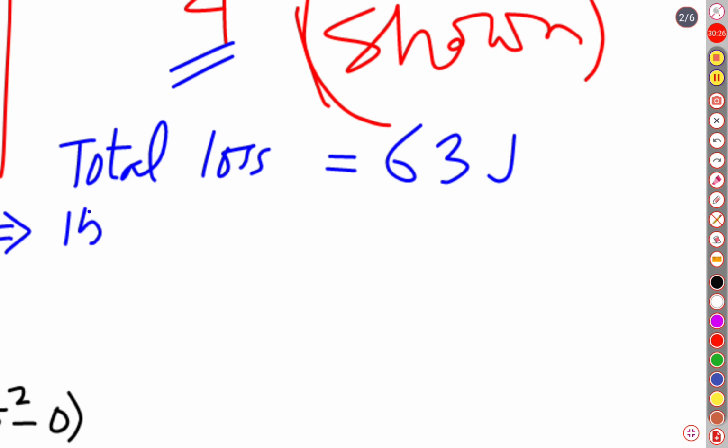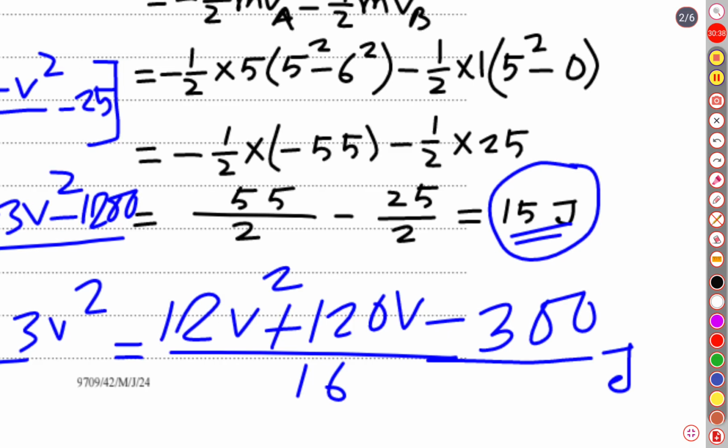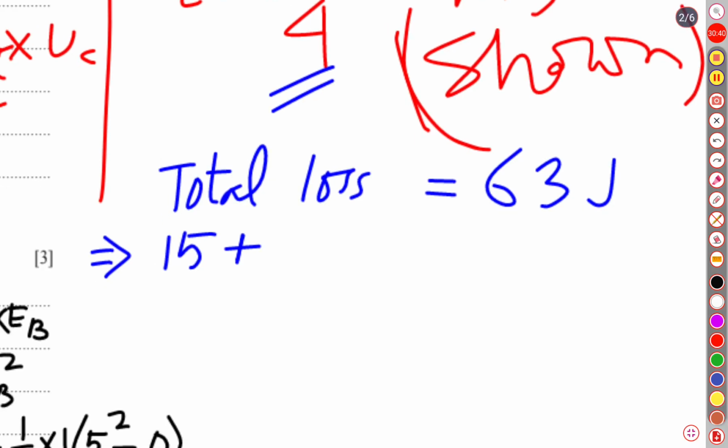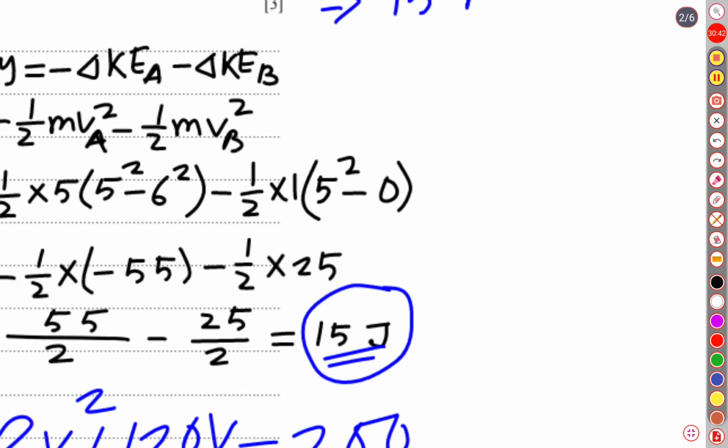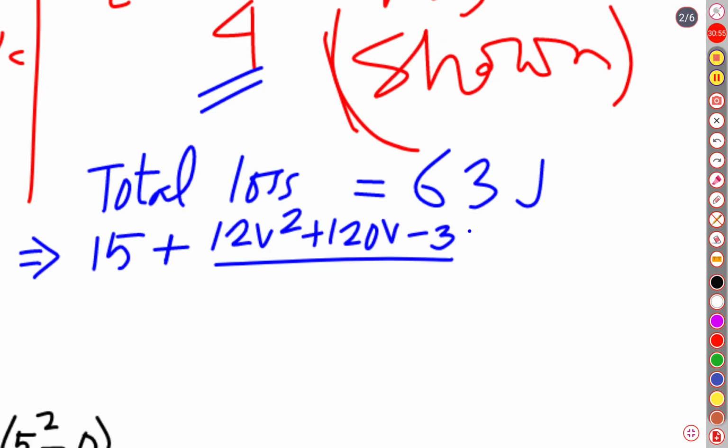15, and the loss of kinetic energy due to the second collision is this. It is 12 v square plus 120 v minus 300, over 16, and the right side is 63.